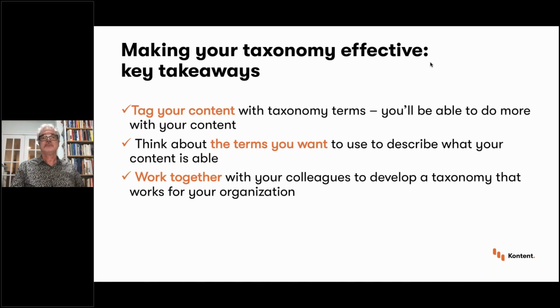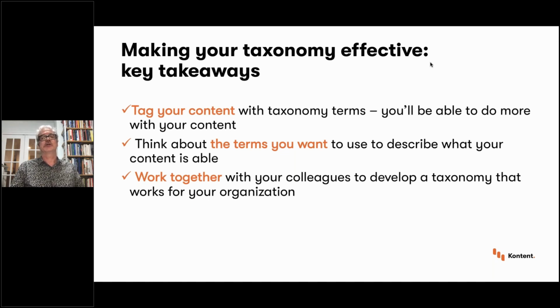Now, the best way to get people involved with tagging content is really to involve them in the process of defining the taxonomy. You want to think about the terms you use. You want to involve a wide range of people, get the stakeholders to buy into the process, to see the value of what you're doing, to be able to explain to them the different ways that taxonomies can be applied.